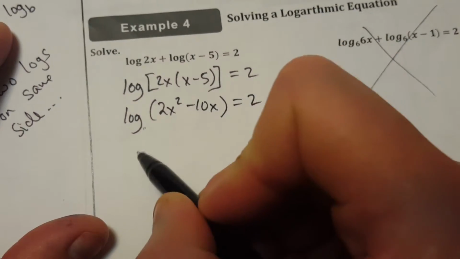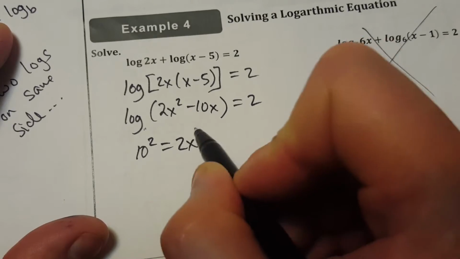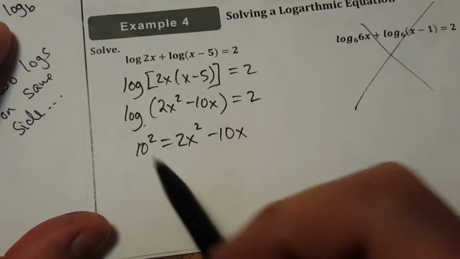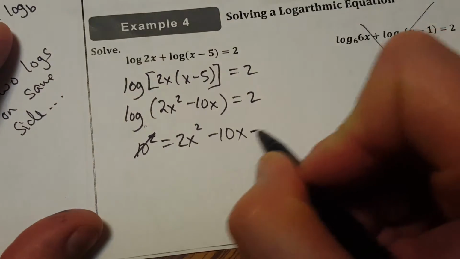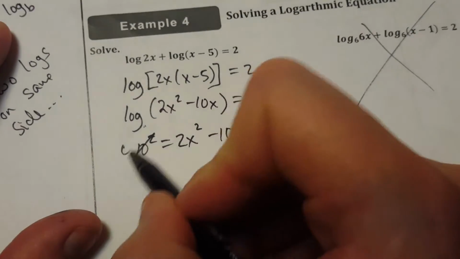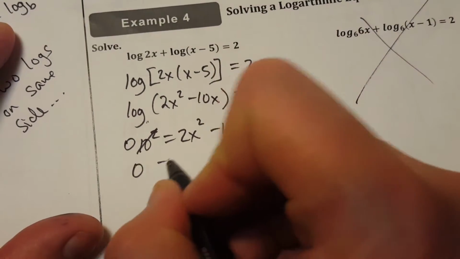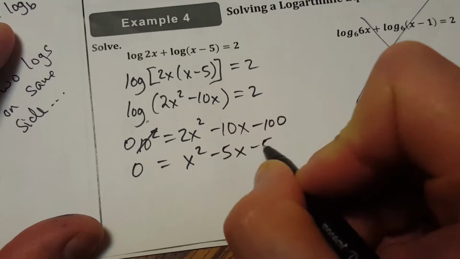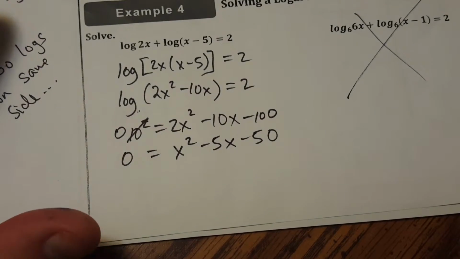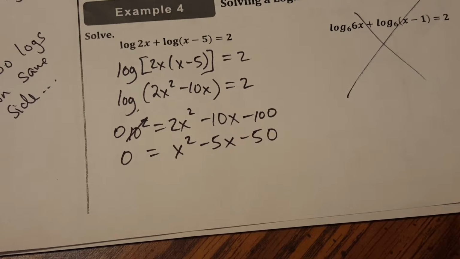So 10 to the second power equals 2x squared minus 10x. This is 100, so I will go ahead and subtract 100 from each side. Make that a 0. Divide everything by 2, and I recognize this is a quadratic. And now I'm going to try to factor. I could use other methods as well, but typically the book is nice, and they want us to practice factoring, so typically these can be factored.